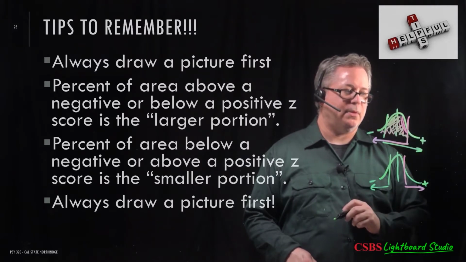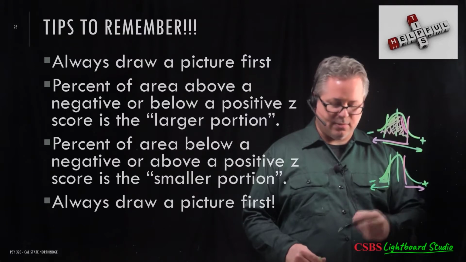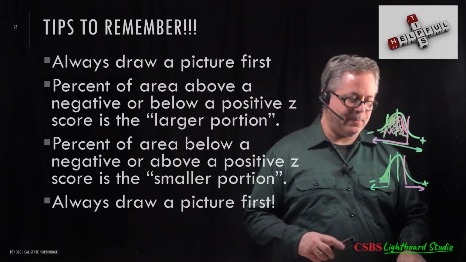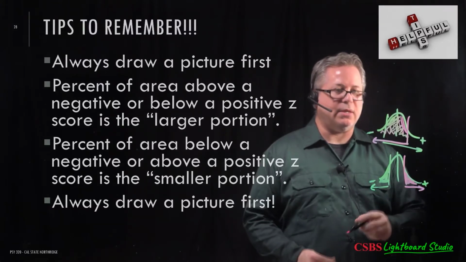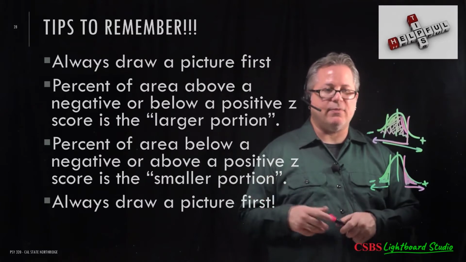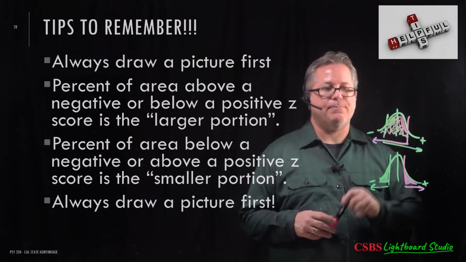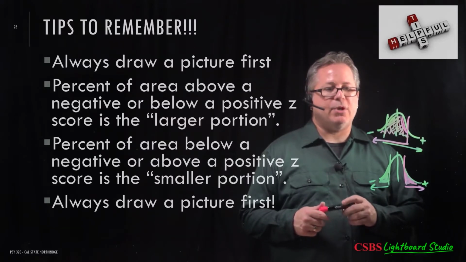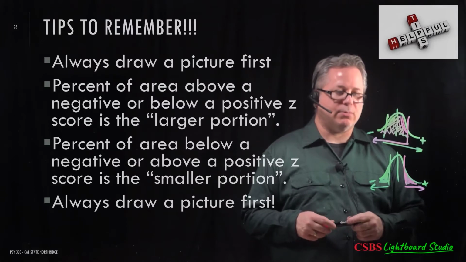For here, the green is there, and for here, pink is here. So that's what those two things are saying. The area above a negative or below a positive z is a larger portion up here. The area below a negative or above a positive is the smaller portion.